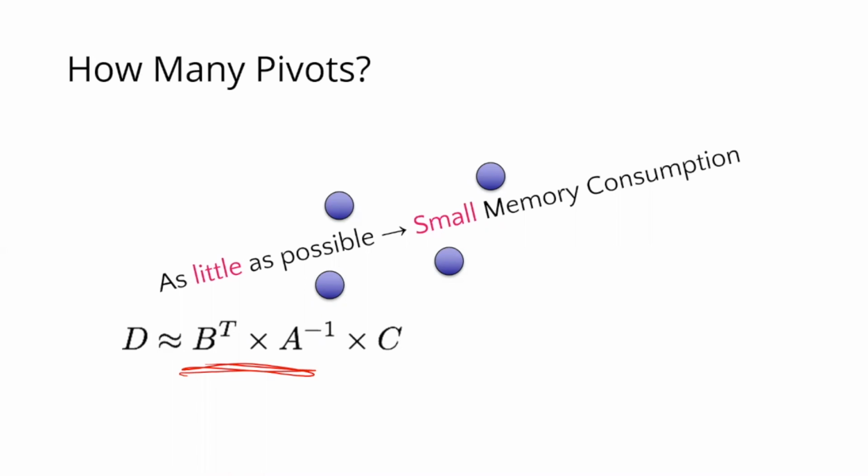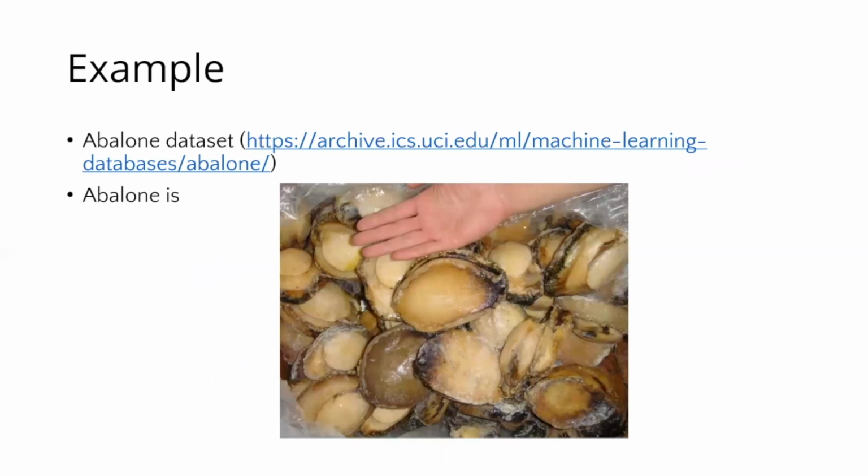But usually, this is kind of a hunch, but usually 10% is the starting point. Somewhere between 5% to 10% is a starting point. Empirically, there's no scientific evidence, but empirically, that's a good starting point. And then you can conduct an experiment by increasing and decreasing the number of pivots and see how the accuracy changes, which is, by the way, an exercise that we're going to do today.